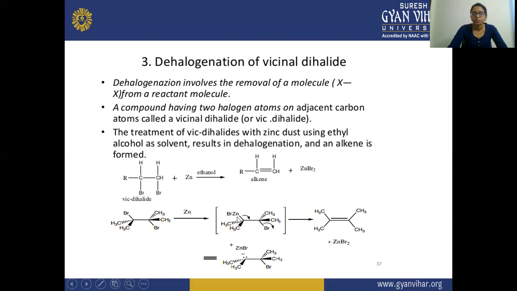The Zn and Br are abstracted from here, and this bond shifts to this position. After that, this Br is also removed from here. This is an E2 reaction, occurring from both sides. The removal of the halogens occurs from both sides, so an alkene is formed.